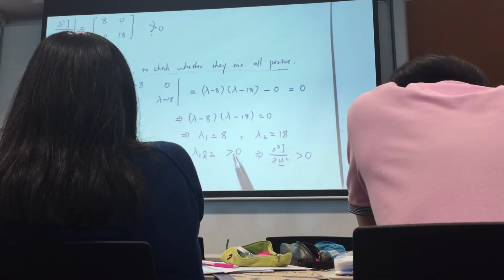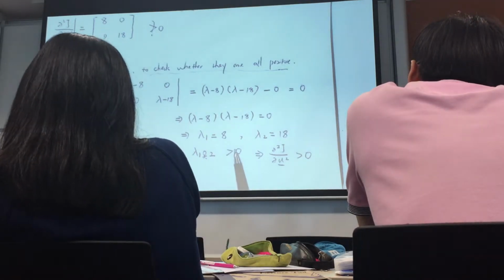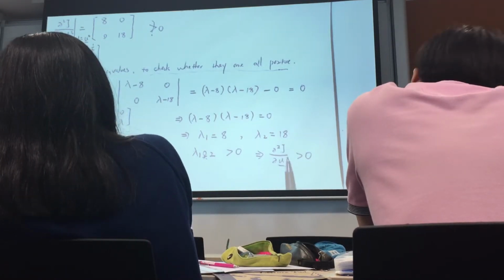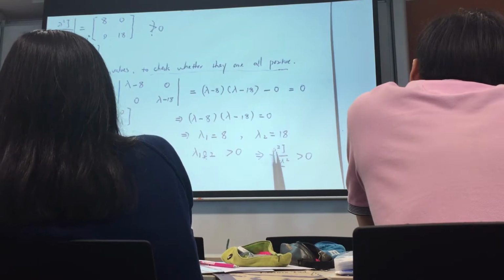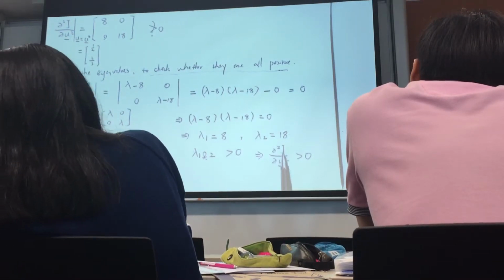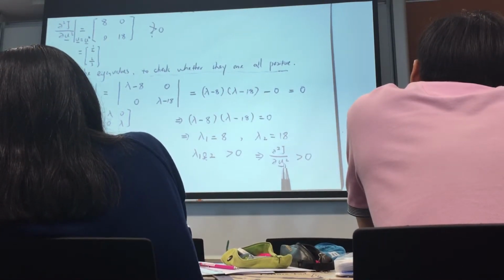So both eigenvalues are greater than 0, and we can see the second derivative of this Hessian matrix is greater than 0.